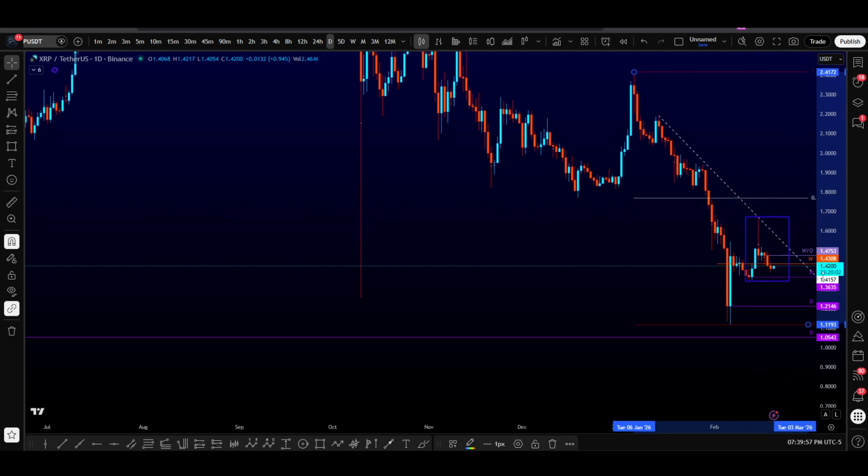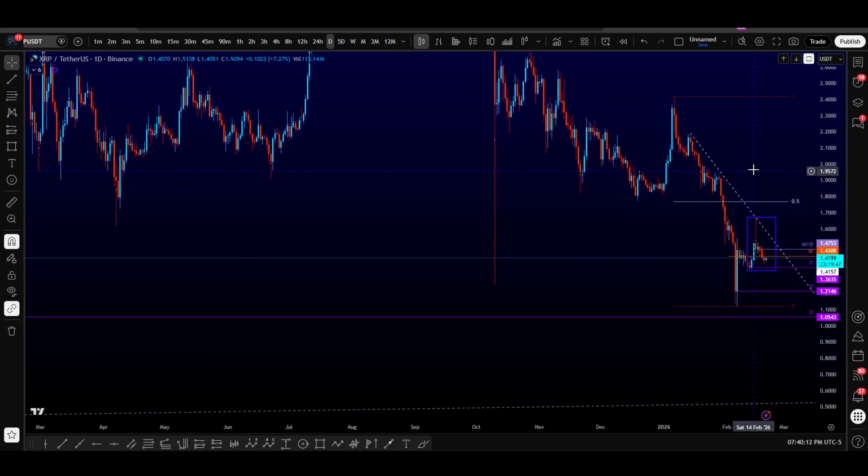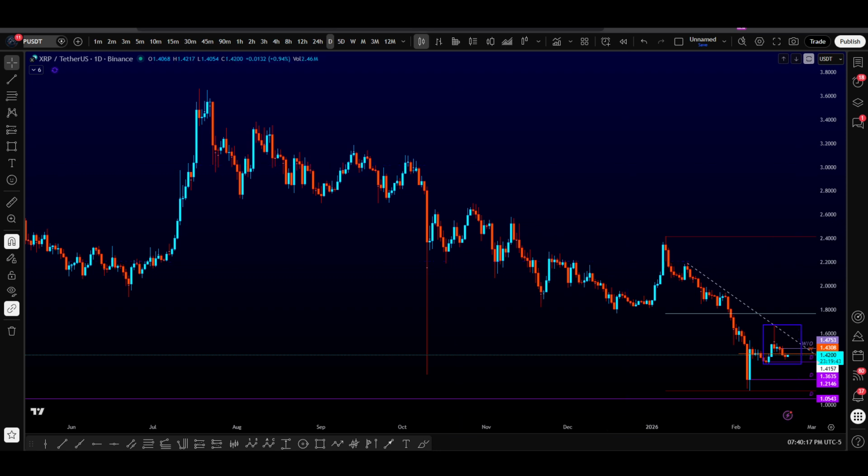And it's a realistic target. If we do fail, obviously the next major target would be this low, $1.20, possibly even $1.11. I still believe XRP is going to get to around 50 cents to 60 cents eventually, right? This year, I believe. Not financial advice, but that's what I think is going to happen.